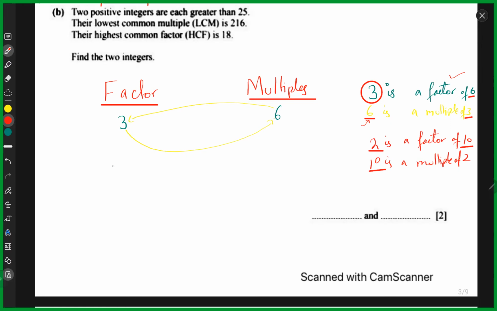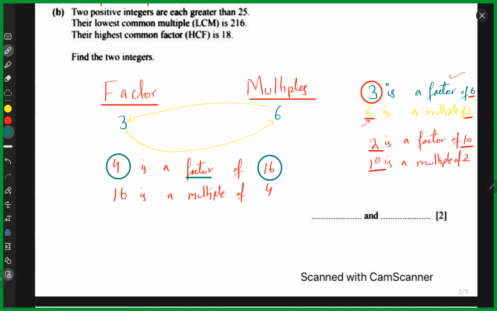4 is a factor of 16. 16 is a multiple of 4. Try to understand this relationship. 4 is a factor of 16, makes sense. 16 is a multiple of 4, and you can think about infinitely many cases of this type and it would make sense.